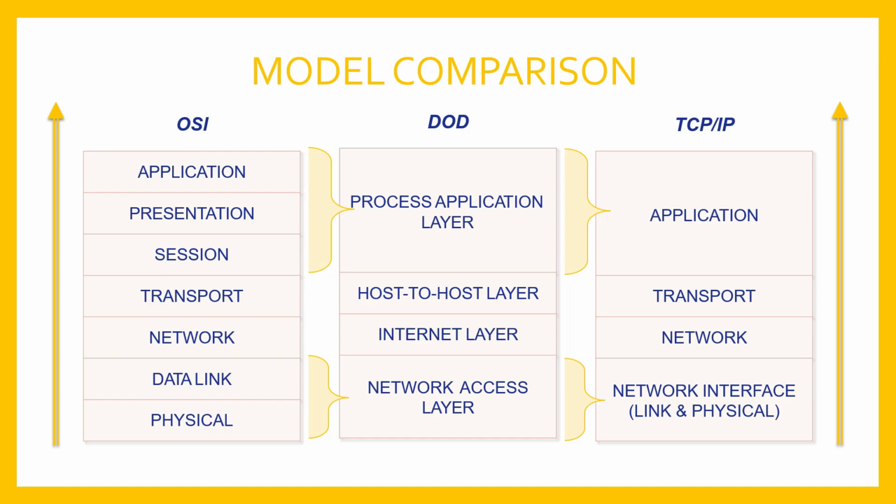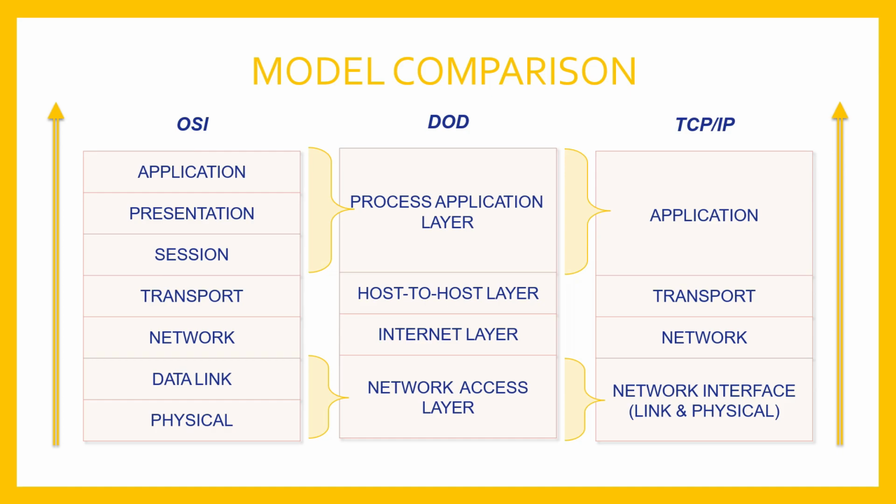Now let us talk about DoD, that is Department of Defense model. We can see that this model only has 4 layers when we compare it to the 7 layers in the OSI model. The only differences between the OSI model and the DoD model is that the names of the actual layers have been changed and some of the layers have been compressed to form only one layer.